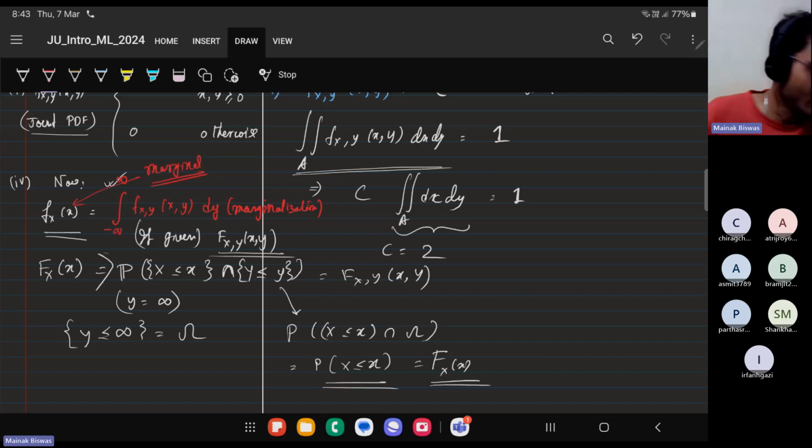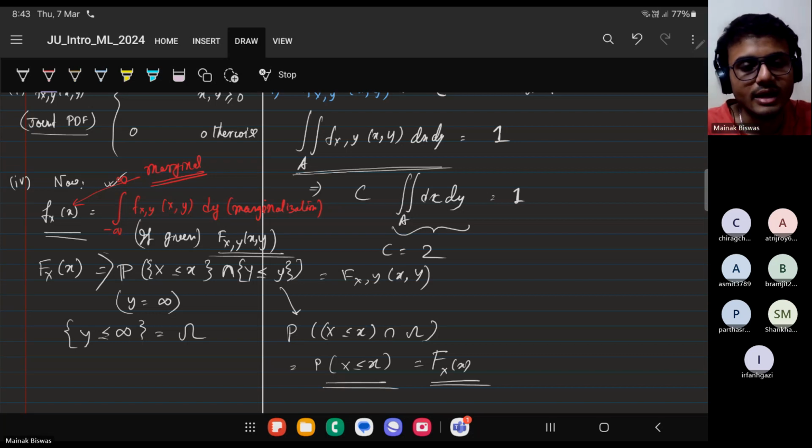The noun and the verb. Over here, that is small f of x. If it would have been capital F of x, then apart from the minus infinity to infinity in y, I would have a 0 to x integral.